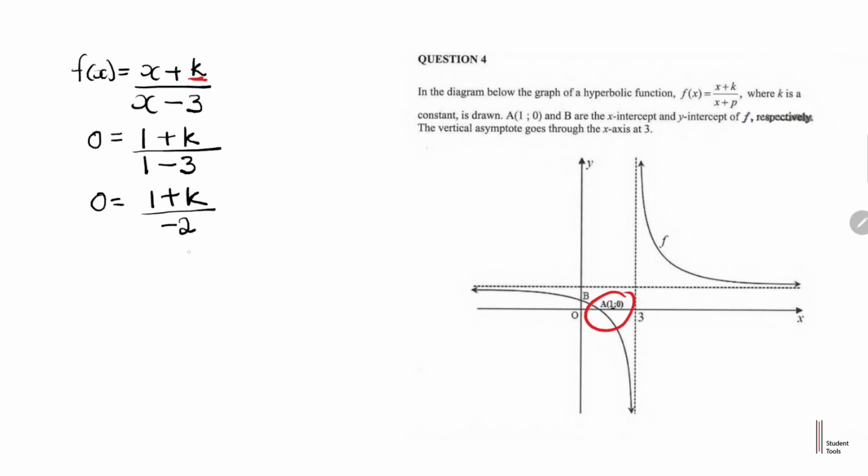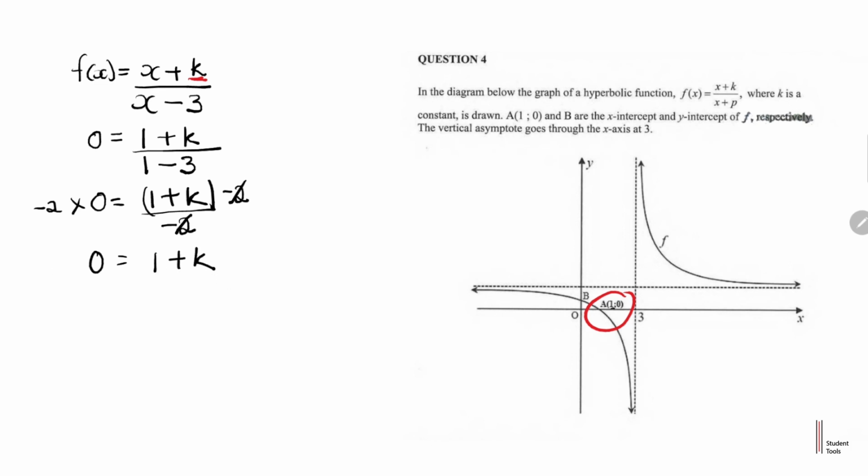And then we get rid of this denominator by multiplying everything by a negative 2. Although it doesn't change anything, because negative 2 multiplied by 0 is still 0. But this will cancel the denominator such that we will be left with 1 plus k.